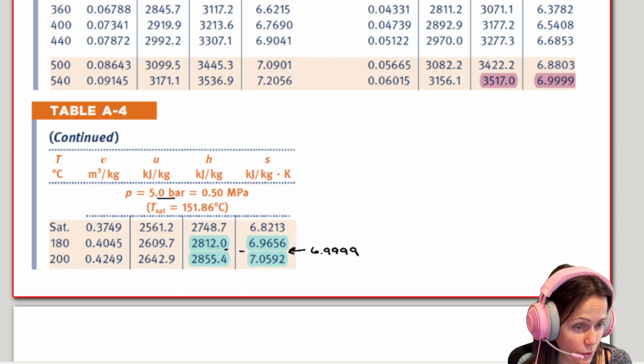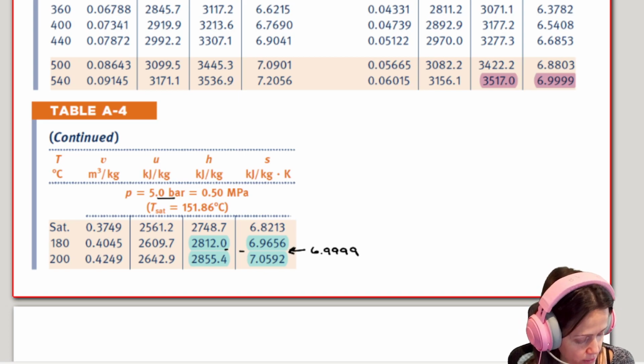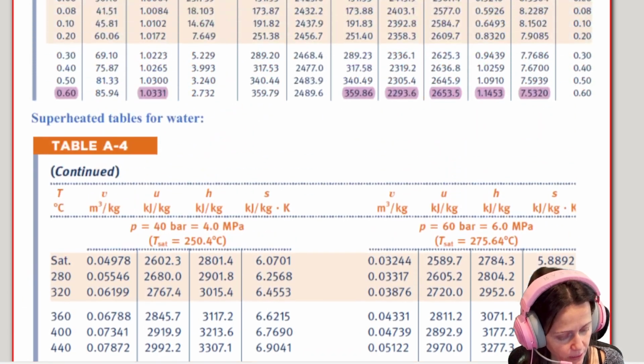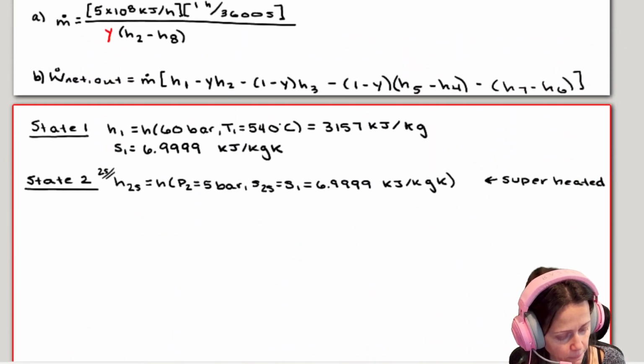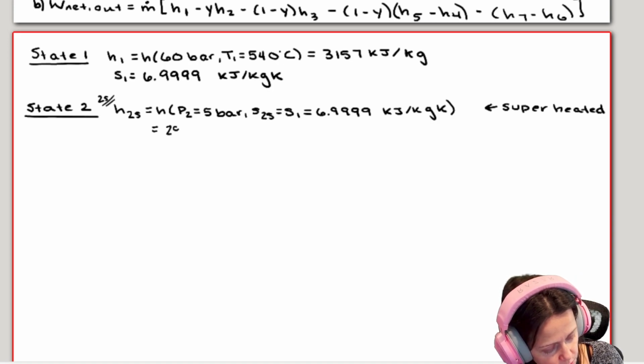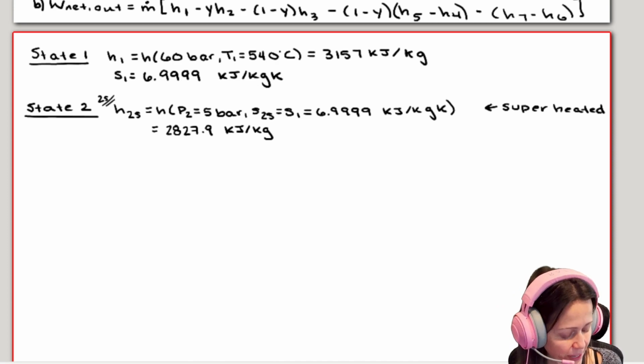So I've got a value of 2827.9. That looks okay. So 2827.9 kilojoules per kilogram, and that's it.